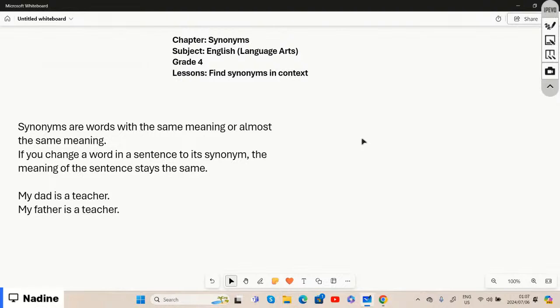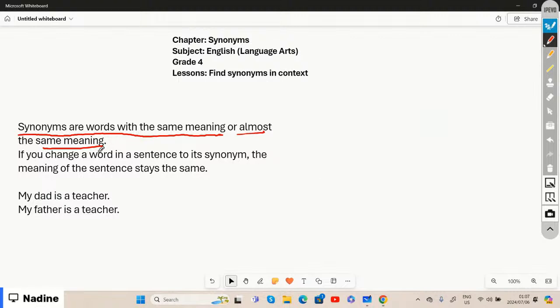Remember, synonyms are words with the same meaning. So if I add another word that is a synonym of the word that I removed, the meaning of the sentence stays the same. The meaning won't change.